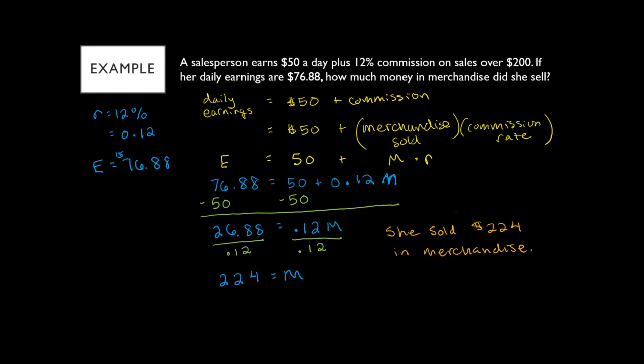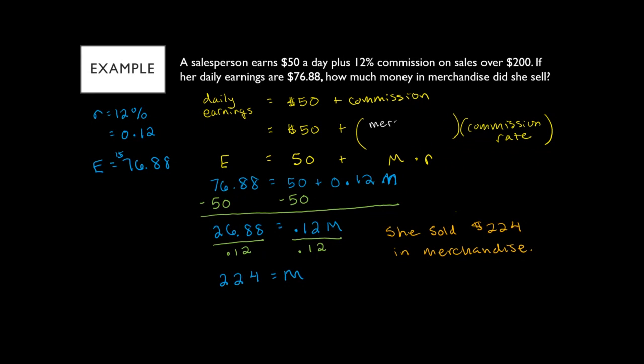So that will cause us to modify our formula differently. So the merchandise sold, it's only over 200 for the commission. So this is a good example. We'll do the problem a second time with this so you can see the difference here.